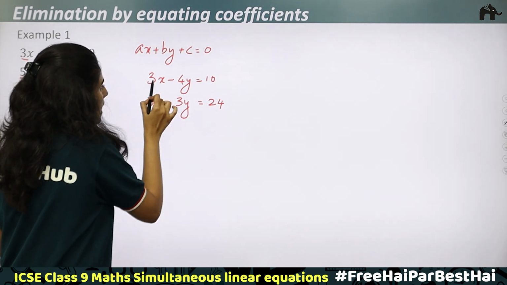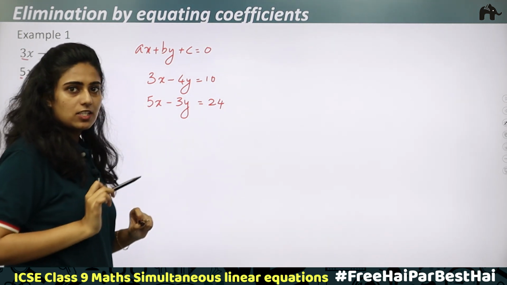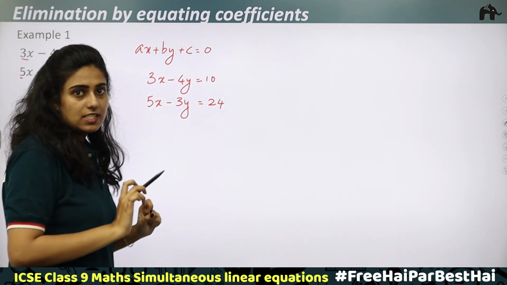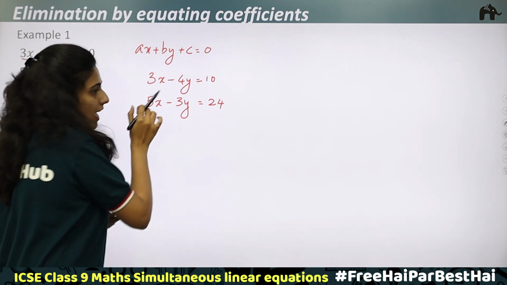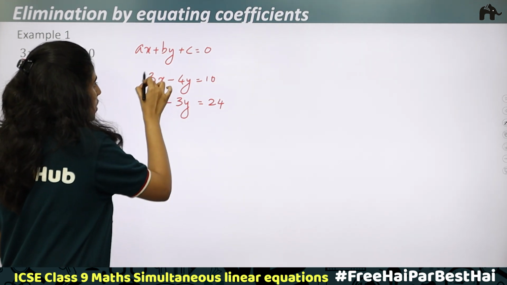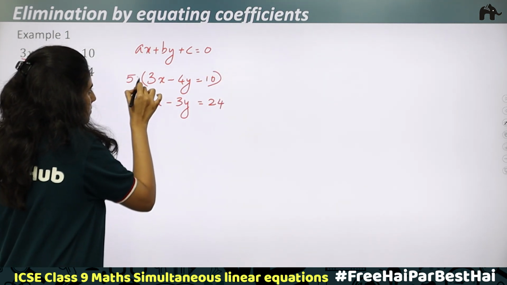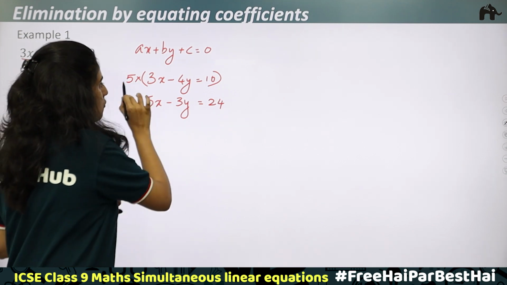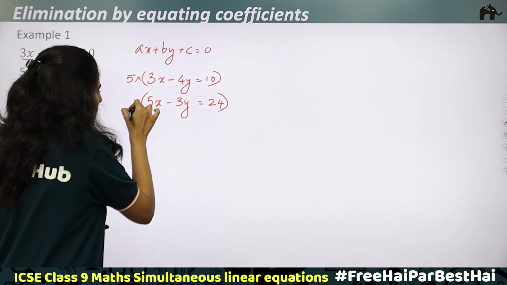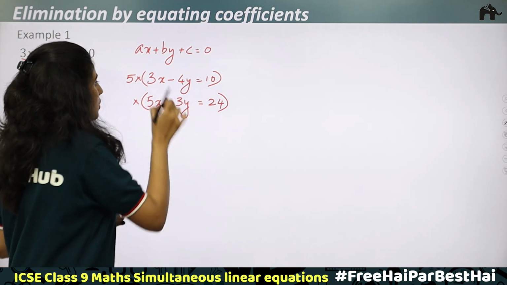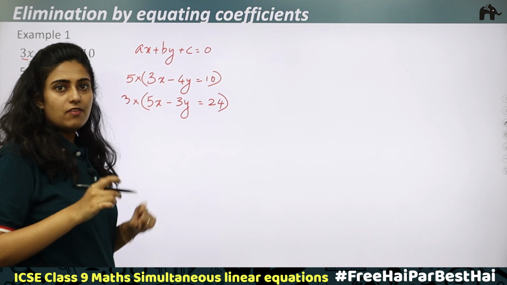Here we have 3 as the x coefficient and 5 as the x coefficient in the other. So you multiply the first equation throughout by the coefficient of x in the second equation, which is 5, and similarly multiply the second equation throughout by the coefficient of x in the first equation. One method is this.